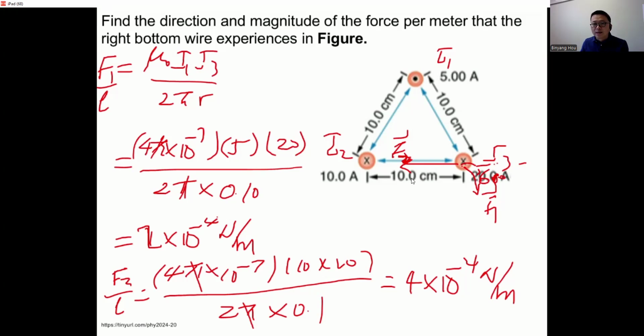So you get the total force components in the x direction and y direction. Then you do the x component squared plus the y component squared for the magnitude, and for the directional angle, you do tangent inverse. So this is, again, going back to the vector thing. Let's see if we can do that.